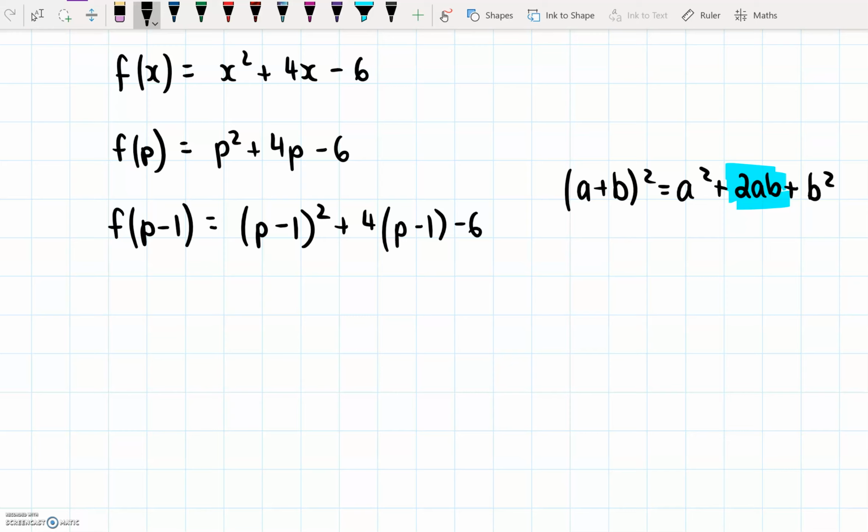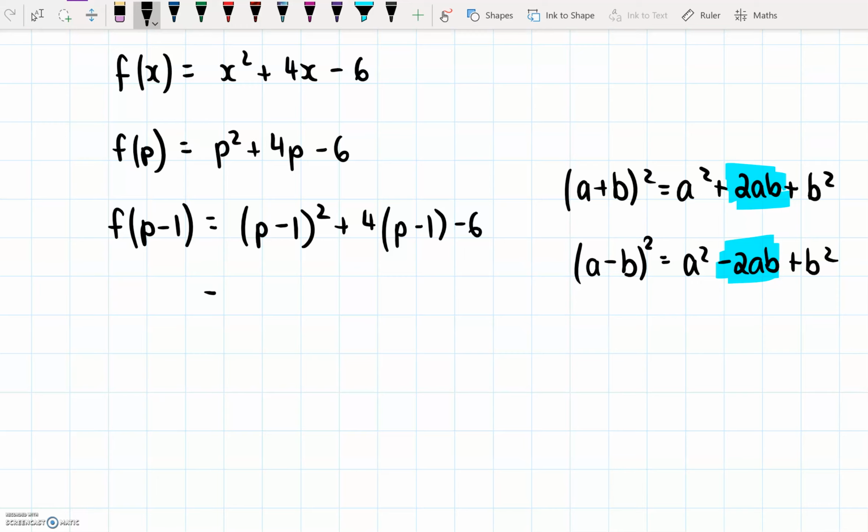You're going to need this year and also next year. Okay, if we have (a minus b) squared, it's the same, a squared, except it's minus 2ab. And it's still plus b squared. Okay, whoops, that should have a square here. So please make sure you don't forget about this middle term. People forget it all the time when they square things. All right, it makes me very, very sad when I see it.